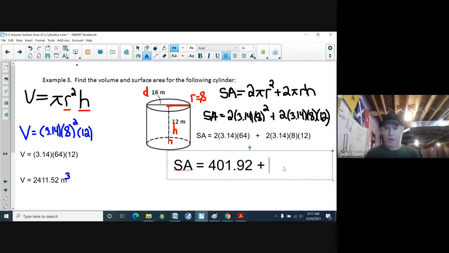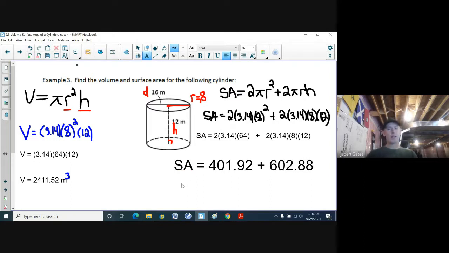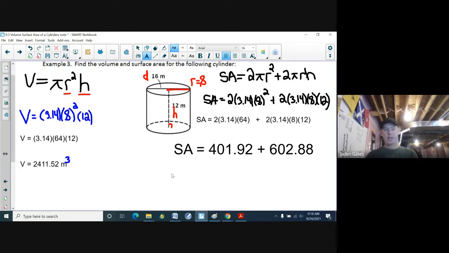That's where I've got my 2 times 3.14 times 8 times 12. So I'm multiplying 4 numbers this time out. So this time I'm getting 602.88.